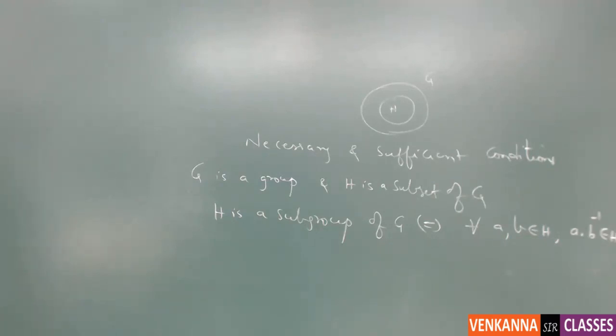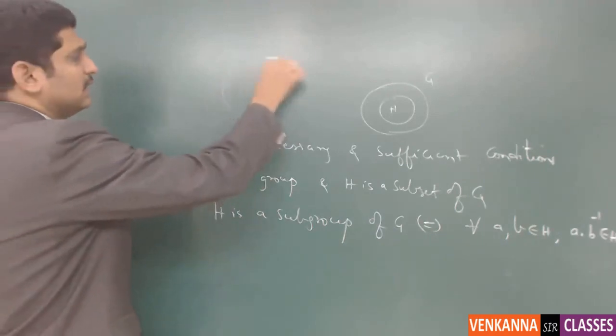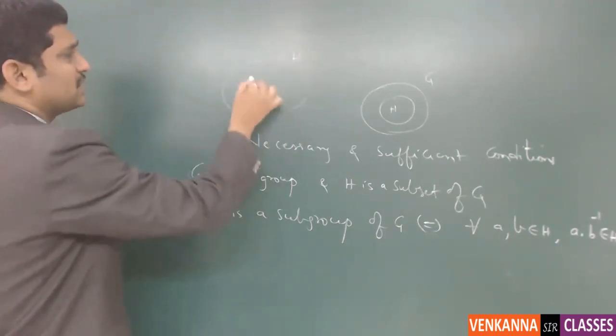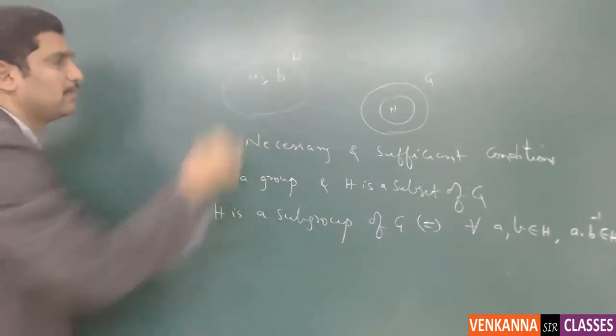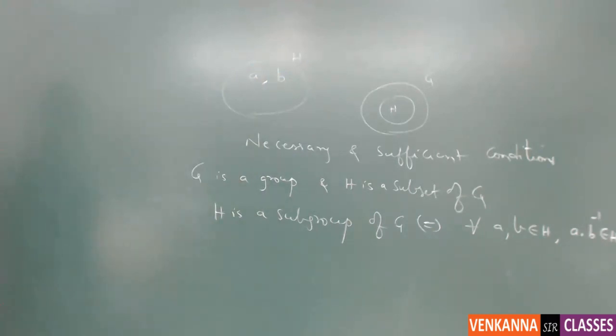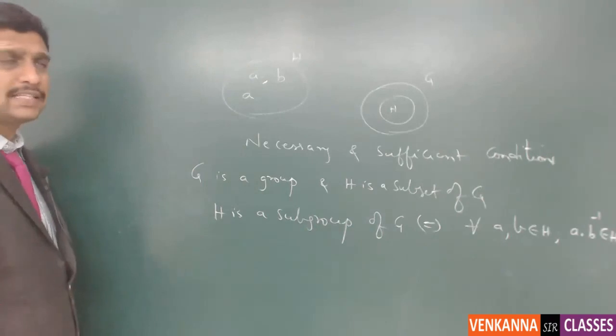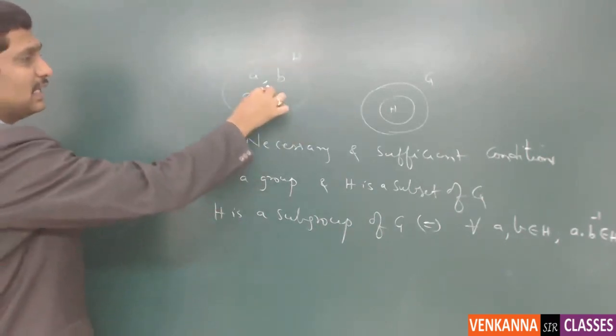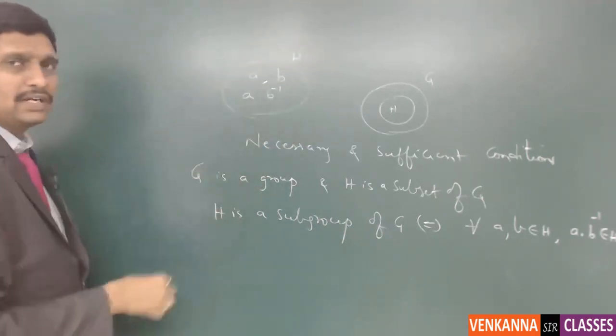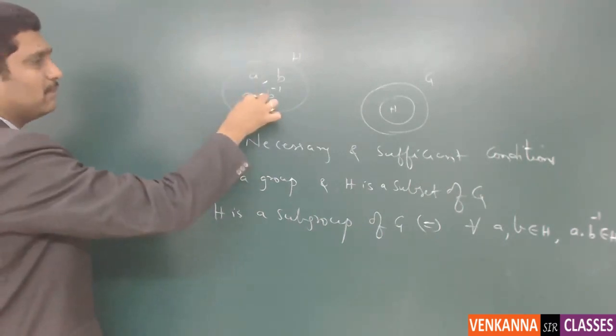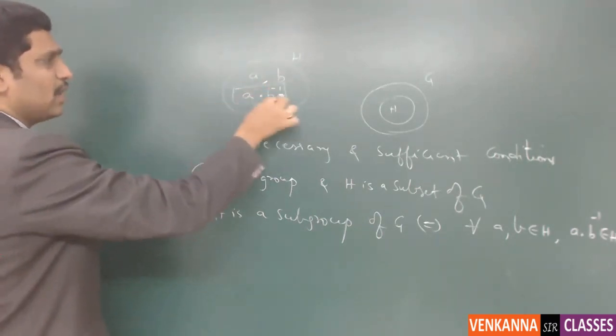What this condition says is, if you take any two elements A, B in H, I take the first element as it is, I take the inverse of the second element, and I multiply them, so the result must belong to this set.